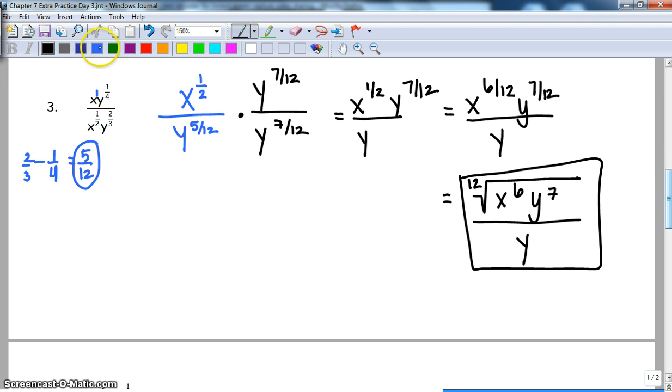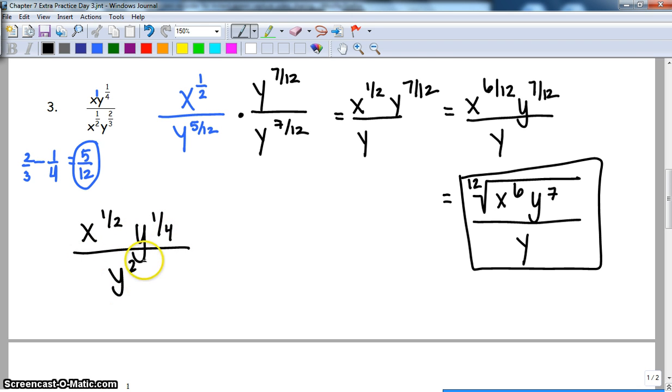Just as a quick comment, some people see right away that this y to the 2/3 is larger and decide they don't want to subtract because they'll just have something in the bottom they don't want to deal with. So instead, let's go from the x to the 1/2 on top.